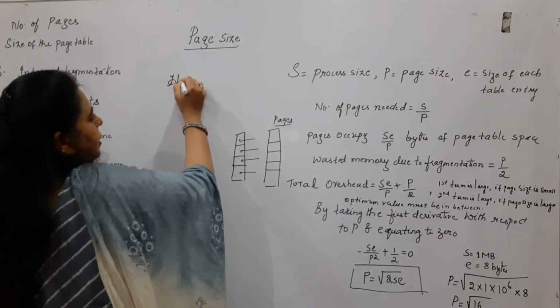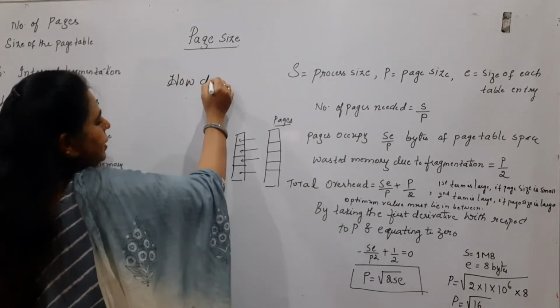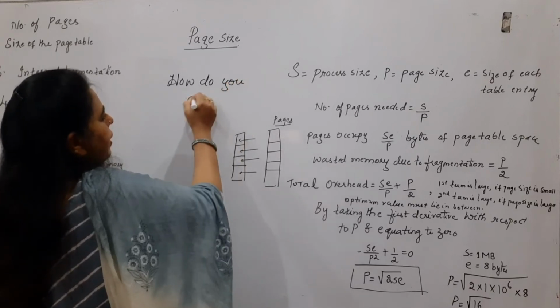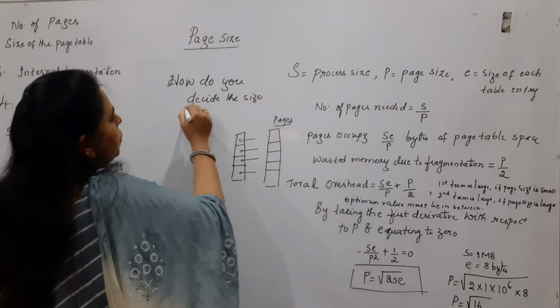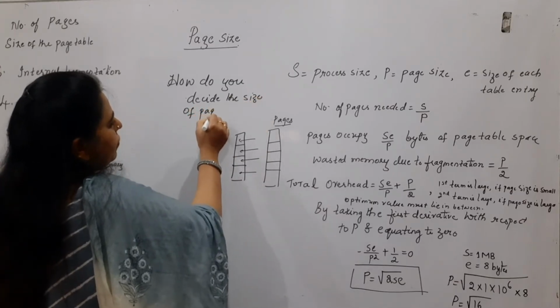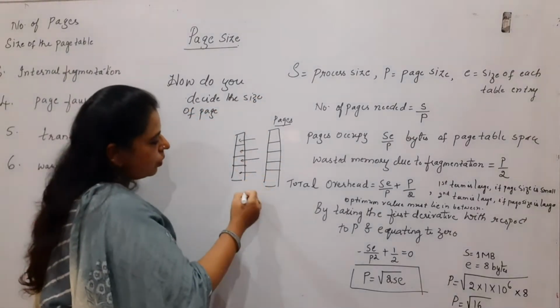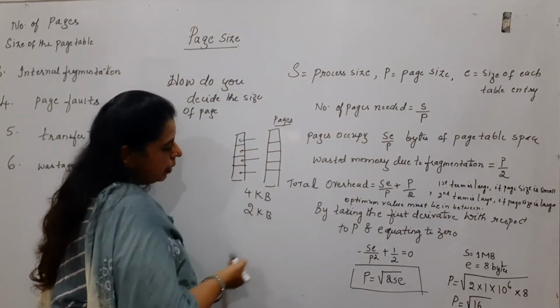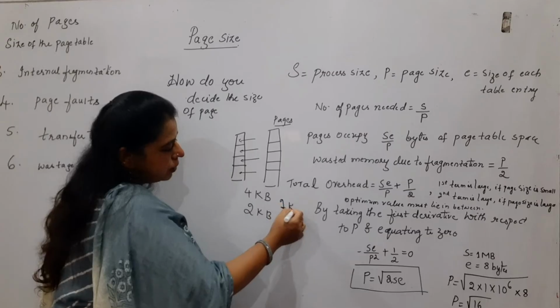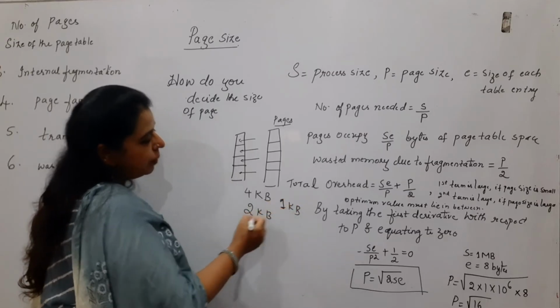How to decide the page size? I'll write it in a very simple sentence. In the numericals till now, normally we have come across page size is 4 KB, page size is 2 KB, page size is 1 KB. Like this, you have been seeing the values for the page sizes.